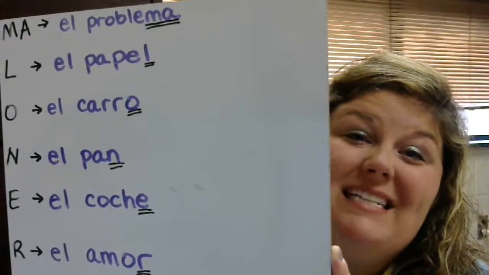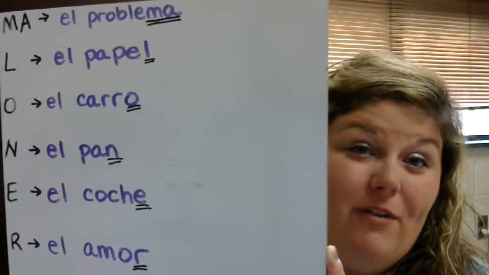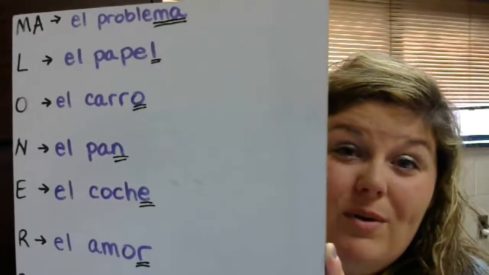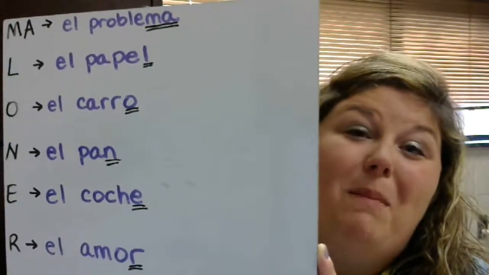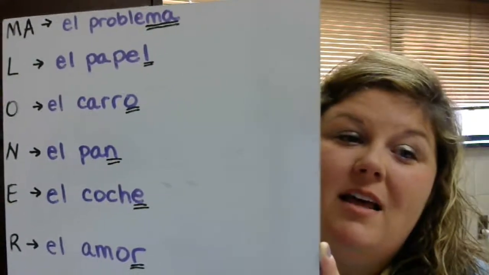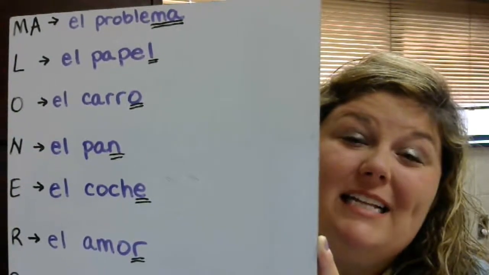If the word ends in L, it's going to be a masculine word. Now, we've already seen this one. If a word ends in O, it's probably going to be a masculine word as well. N, like el pan, masculine word. The letter E, like el coche, which is the word for car in Spain.